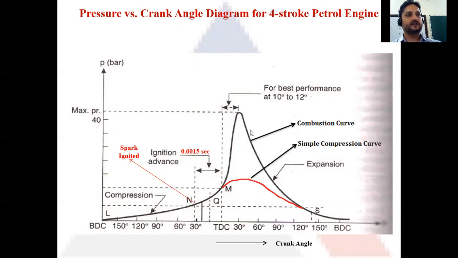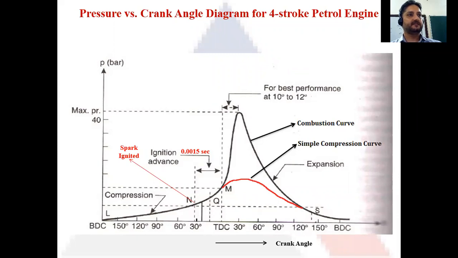This is your expansion stroke, and it completes when the piston reaches the bottom dead center. This is how the phenomenon of combustion takes place inside a 4-stroke petrol engine.